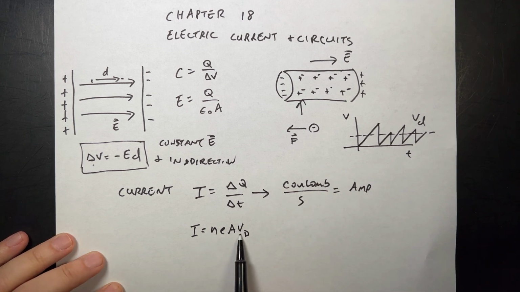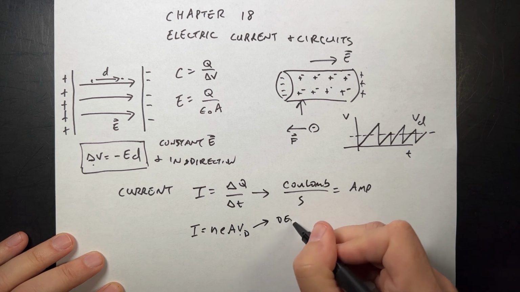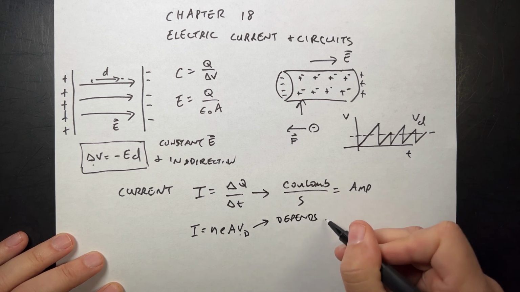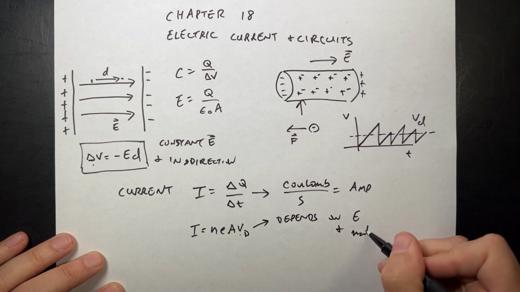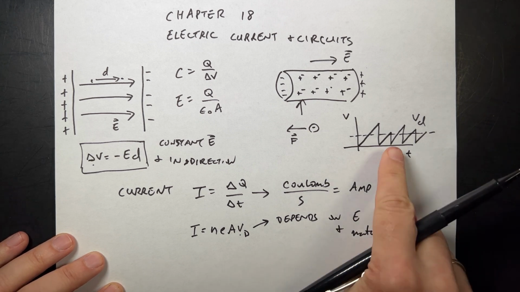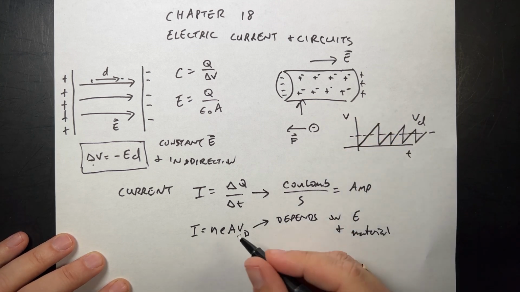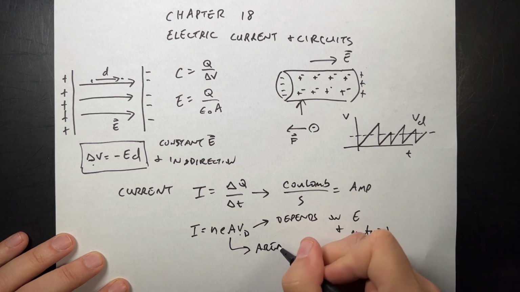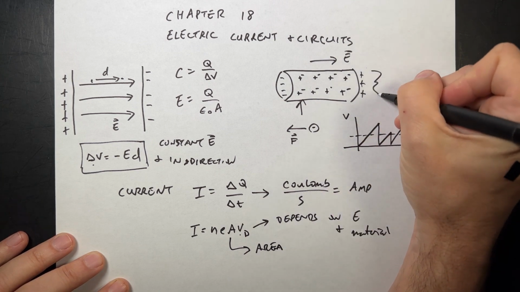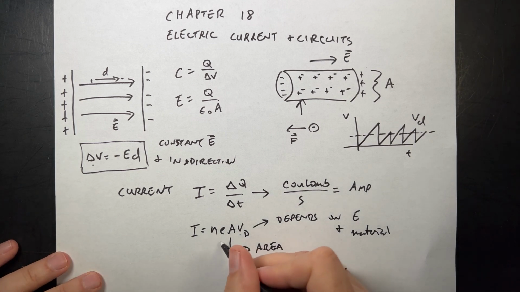So that's the drift velocity, which actually depends on E, the electric field, and the material. So it doesn't show you everything, but if I do increase electric field, these are going to increase at a higher acceleration. A is the cross-sectional area. Right, so that's this thing over here. How wide is the wire? e is the charge carrier.